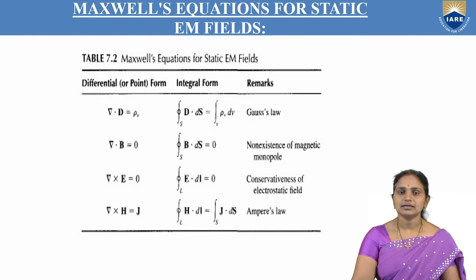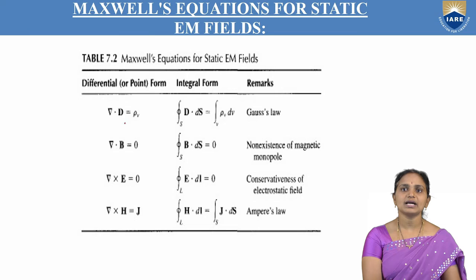In the two for electrostatic fields, the first one is del dot D equals rho V, obtained from Gauss law. That is the first Maxwell's equation in differential form, and the same in integral form is the closed integral D dot ds equals the volume integral of rho V dv, due to Gauss law.